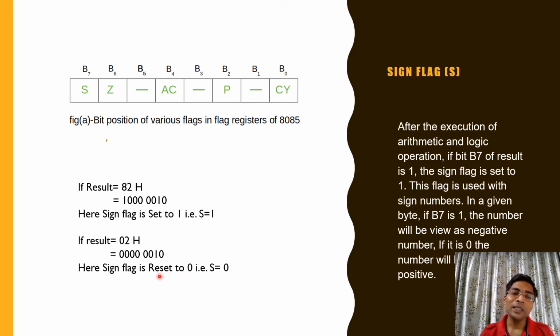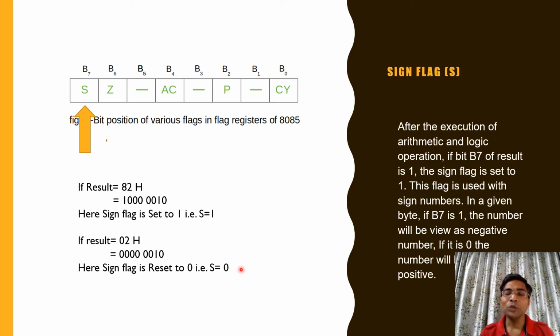Whenever we say reset, it is 0, and whenever we say set, it is equal to 1. Here they have given S equal to 0. So the sign flag is nothing but an indicator of whether the number is positive or negative.